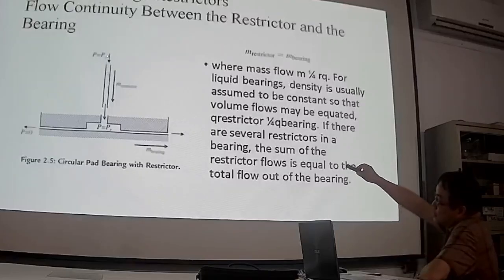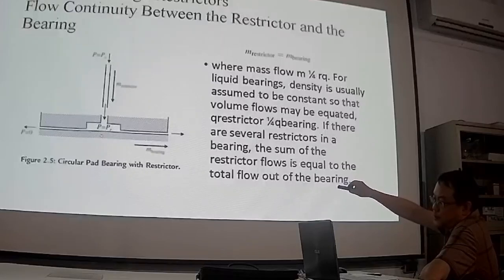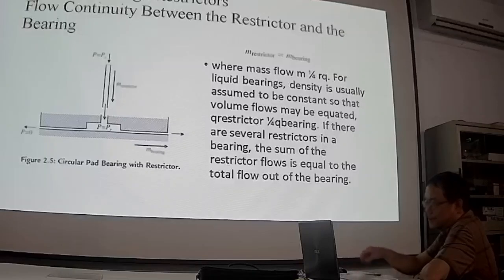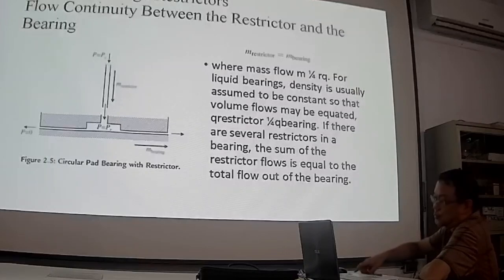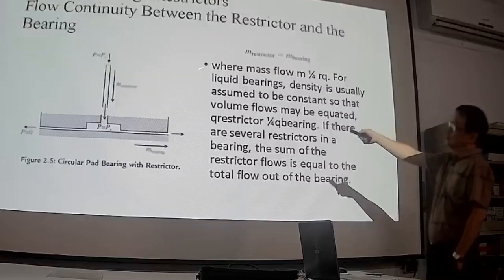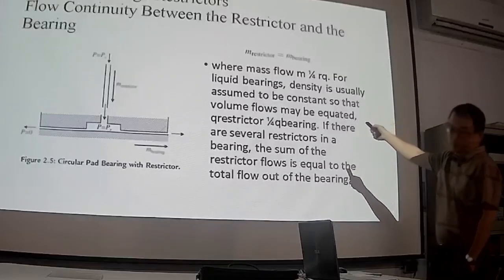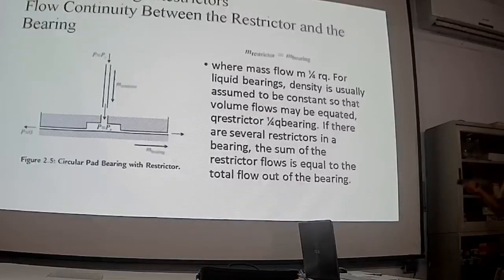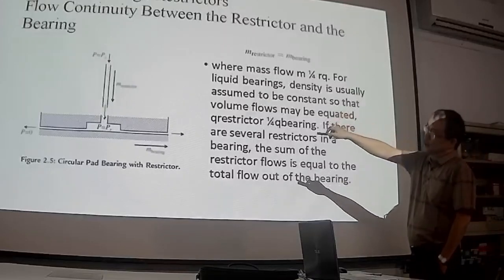The mass getting into the restrictor should equal the mass into the bearing. This is the conservation equation of mass. The mass flow rate through the restrictor should be equal to the mass flow rate to the bearing, because you have only one way to get into the bearing.